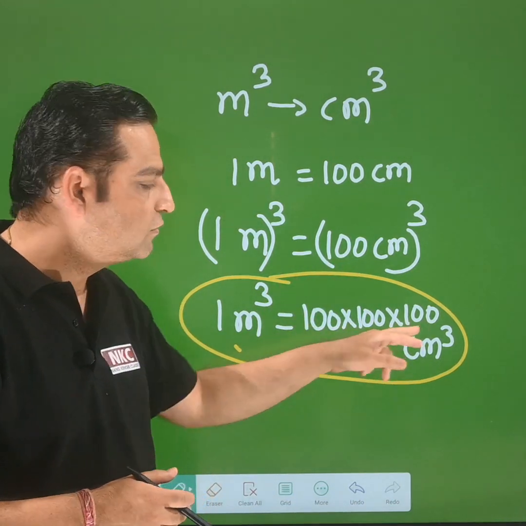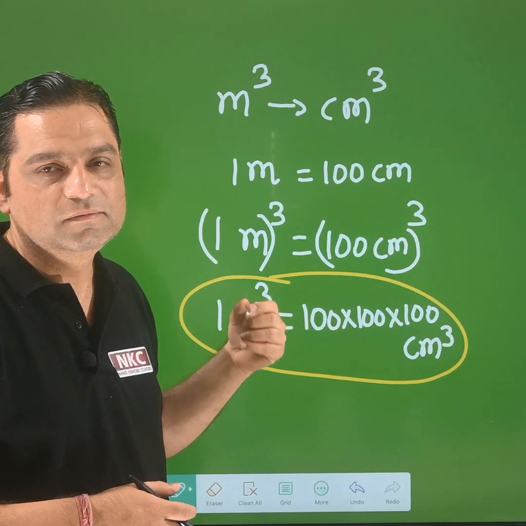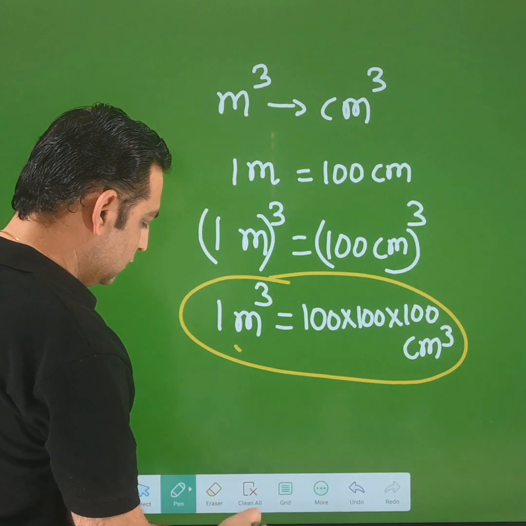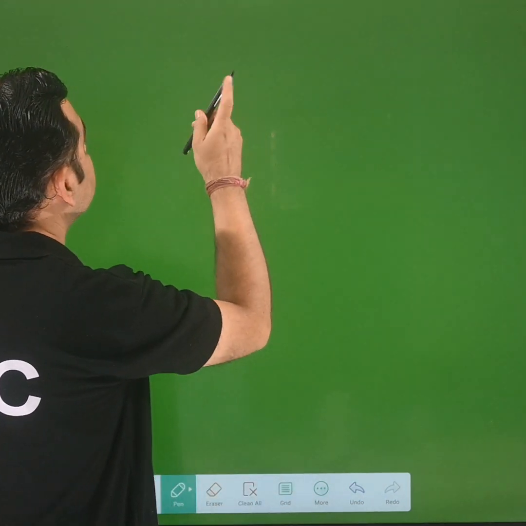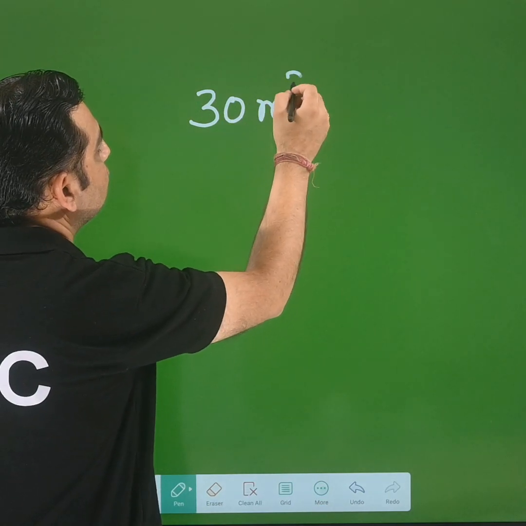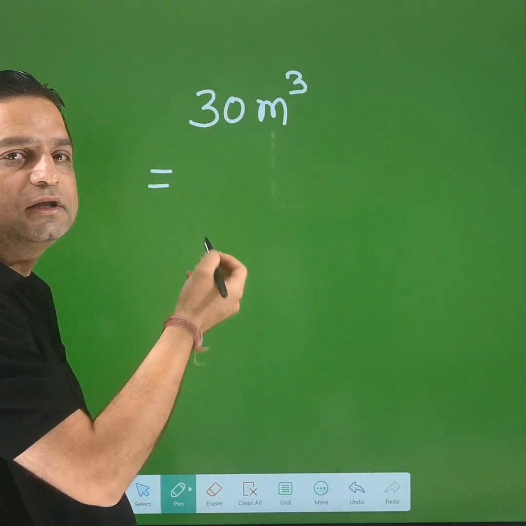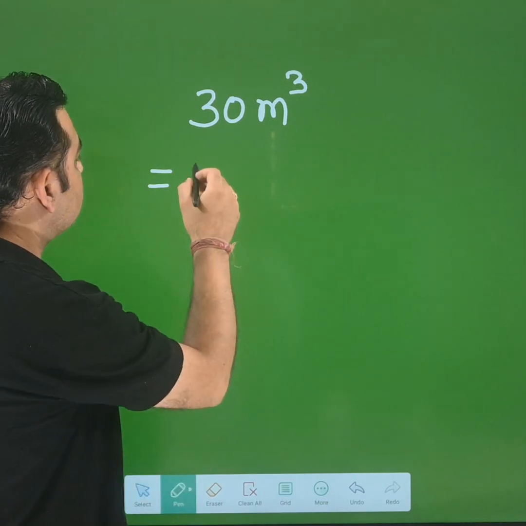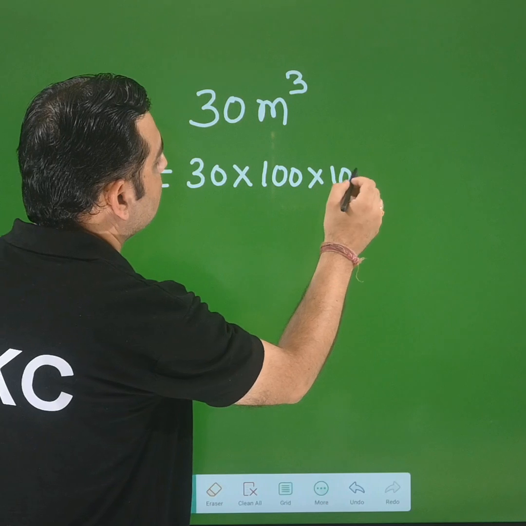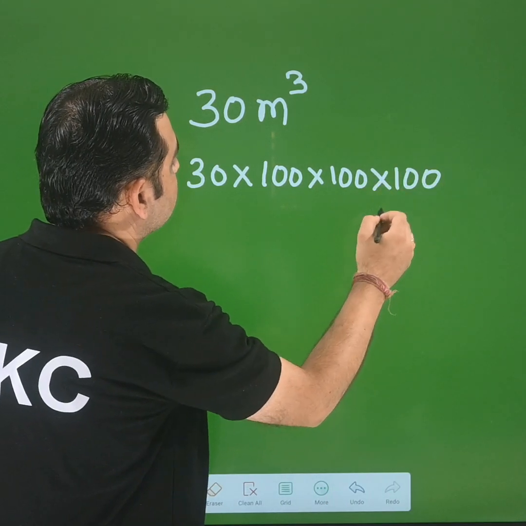Or we can say 6 zeros in total will be there when you multiply. I'll give you an example. Let's suppose you have some answer as 30 meter cube. Now converting this answer into centimeter cube means you are going to multiply by 100, 100 and 100 three times.